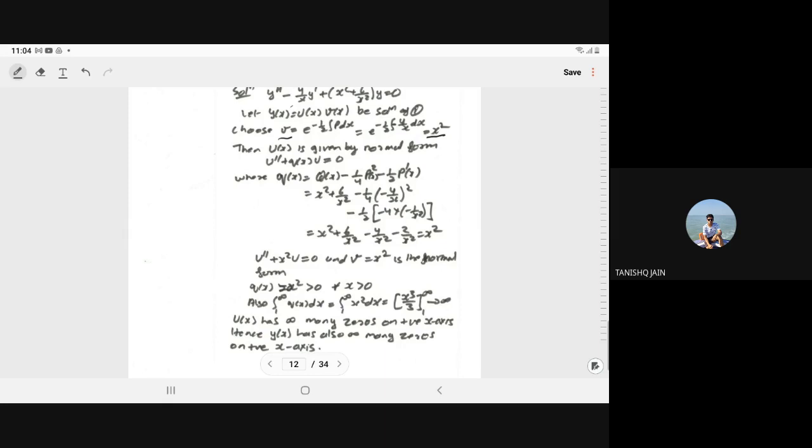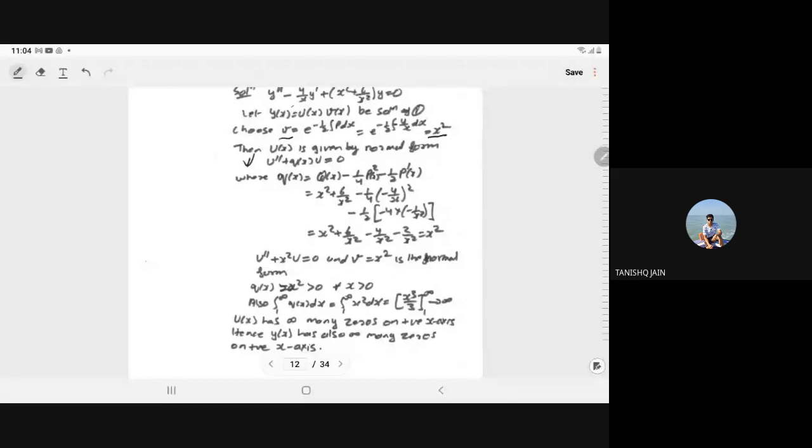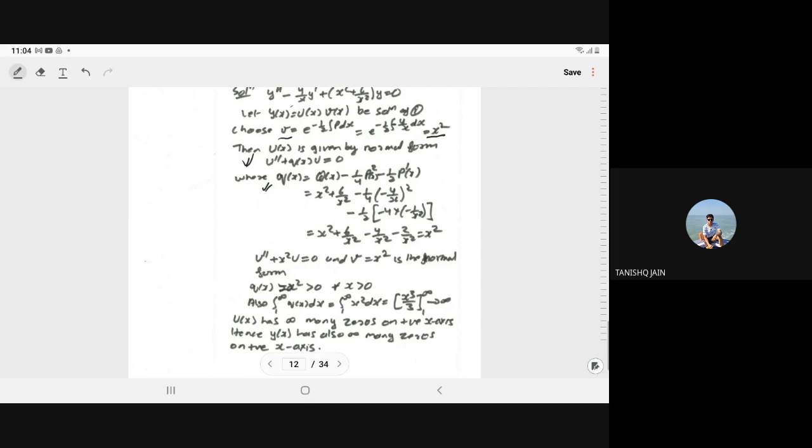Then u(x) is given by the normal form. The normal form is u double dash plus q(x) u is equal to 0, where q(x) is equal to capital Q minus 1 by 4 p square minus 1 by 2 p dash x. Here p is minus 4 upon x, so p dash will be minus of minus 4 upon x square, which gives 4 upon x square, and Q is given as x square plus 6 upon x square.